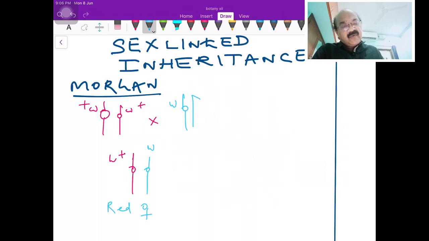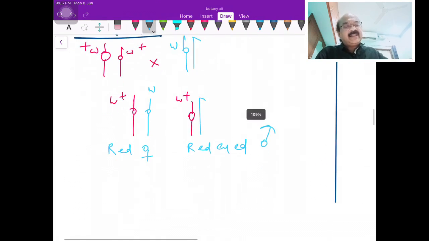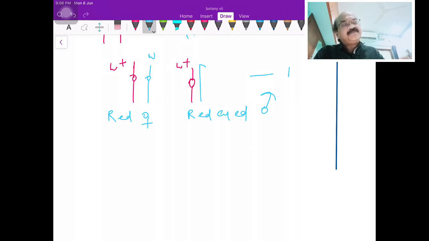And one more, W plus Y chromosome, which is a red-eyed male Drosophila, and W Y, which is a white-eyed male Drosophila. These are the things we get in the F1 generation.